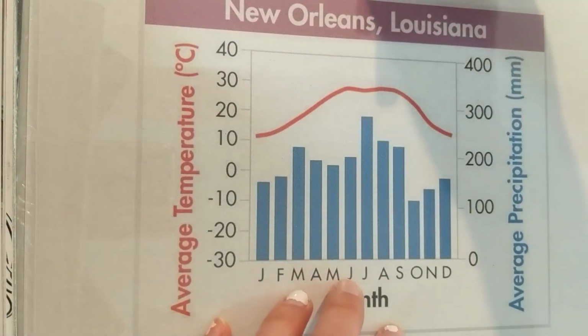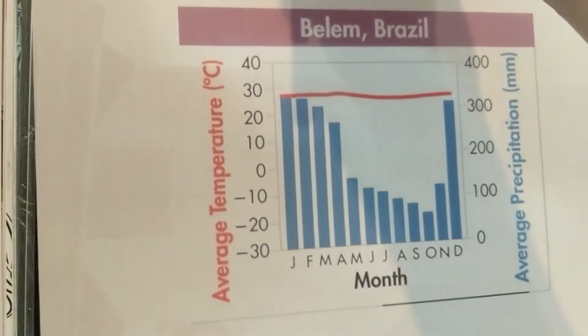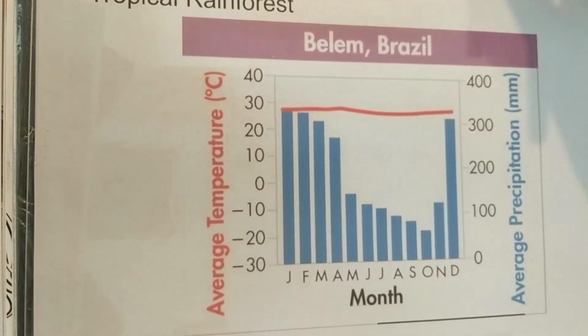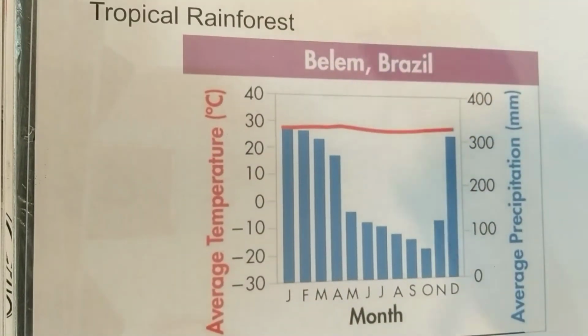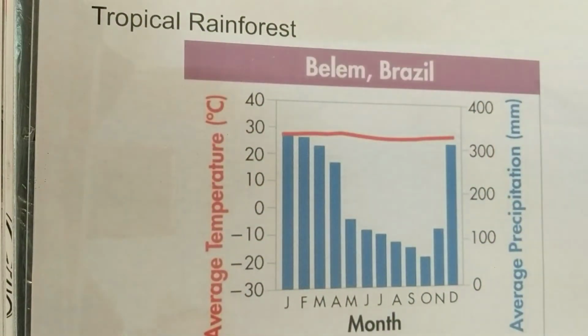Let's take a look at one of our biomes, the tropical rainforest first. In Brazil, which is south of the equator, we have a tropical rainforest habitat across a lot of the country.